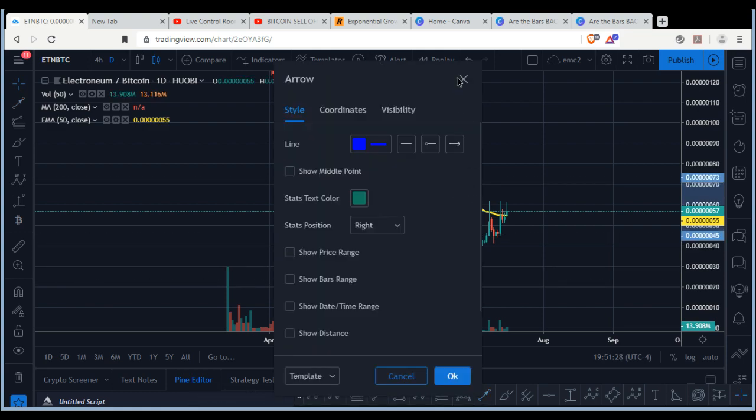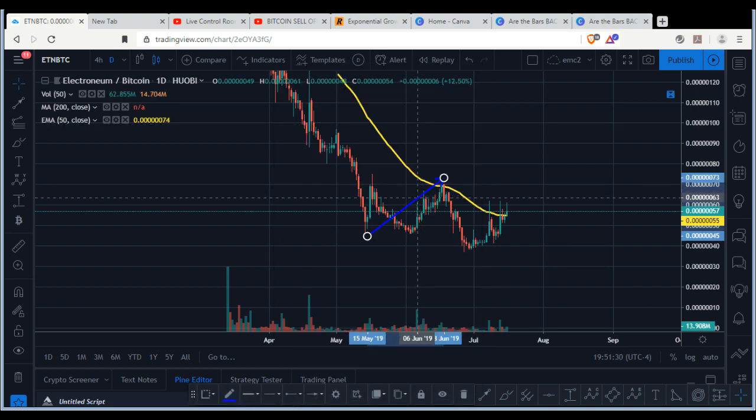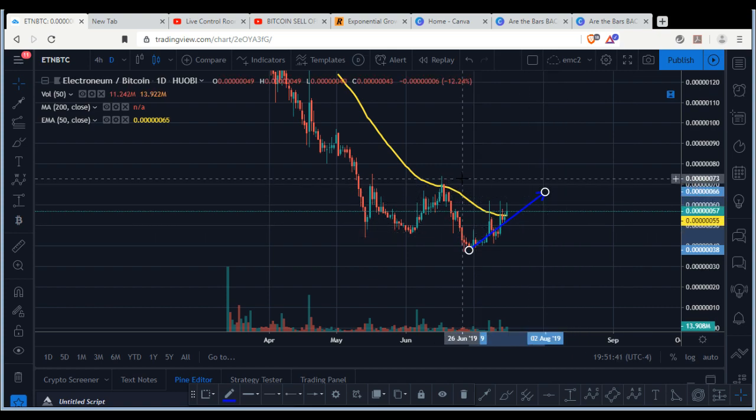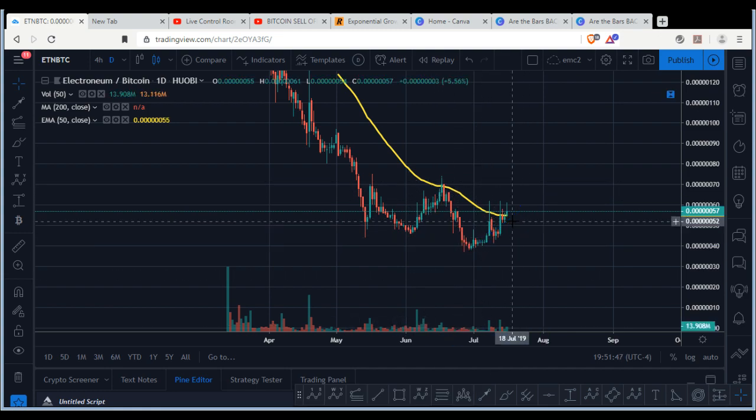It could take you roughly to 68 to 70, and the current price is 57. So we could push up to 68 to 70 just to complete the correction. It is nothing but a correction.